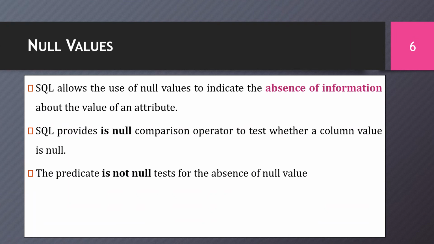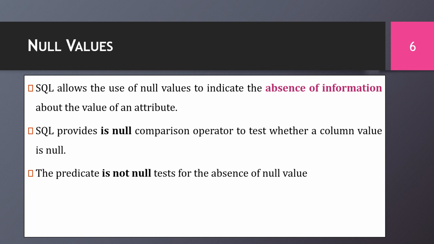Now let us discuss null values. SQL allows the use of null values to indicate the absence of information about the value of a particular attribute. SQL provides a special comparison operator is null to test whether a column value is null, or the predicate is not null to test for the absence of a null value.